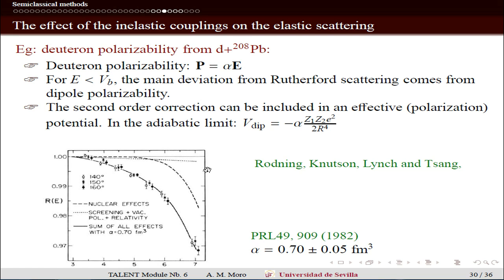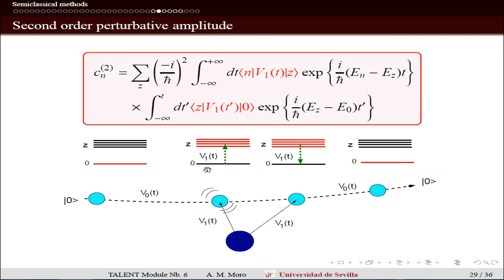So can anyone tell me why this has this dependence, 1 over r to the 4th power? Can you imagine what is the origin of the 4th and not 5 or 3 or 8? 2 lambda plus 1 for Coulomb. Yes, and you have the dipole term, so this is the effect of the V1, the dipole potential, acting twice.